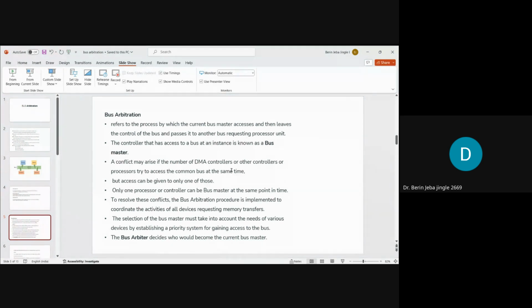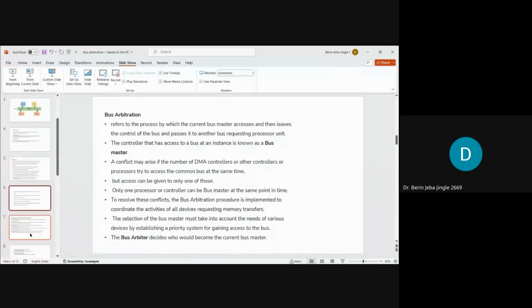They resolve the conflict between the devices on the bus. They prioritize. The bus master will decide which device will use the bus now. That is the work of the bus master.